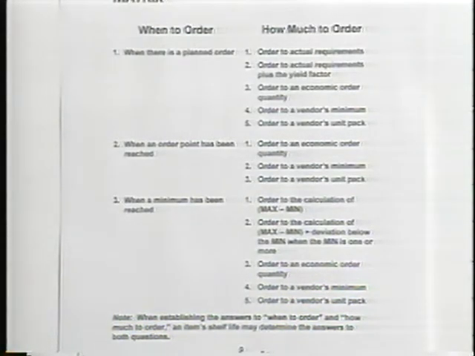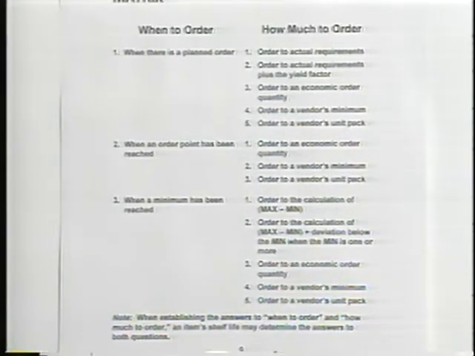Now, how much to order for each one of those answers to when to order are shown on the right-hand column under how much to order. For the planned order requirement, there are 5 answers. The first one is order to actual requirements, order to actual requirements plus a yield factor, and I'll explain that in a minute.